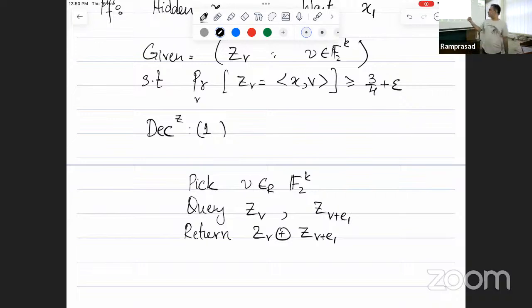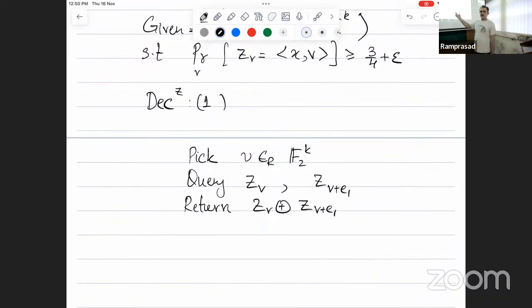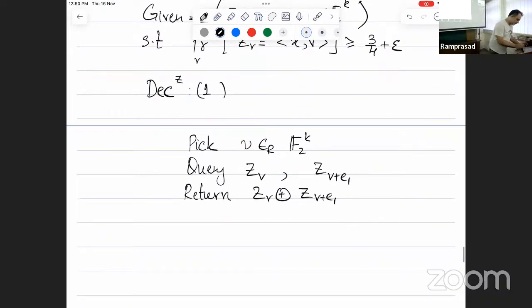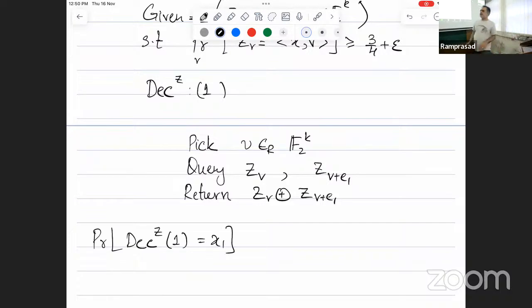Okay, so now I'm just going to argue that this actually gives you a decoding procedure that has a non-trivial probability of being right. What is the chance that it gets x_1 right? Okay, I want to get that probability. So probability that decoder with respect to z on 1 equals x_1. If two good events happen, we are already going to be in some decent shape.